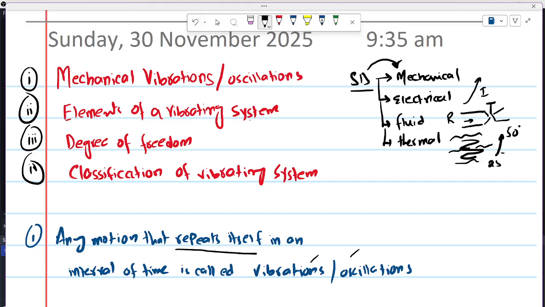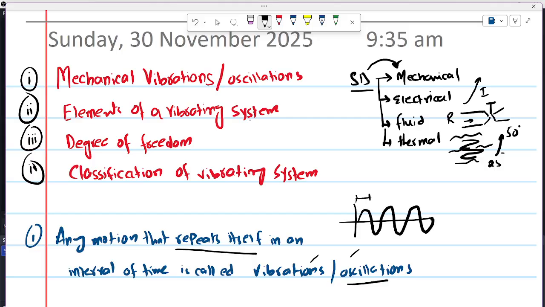Oscillations are fixed motion of a body about a mean position, while vibrations can be uniform oscillations, or they can be random vibrations. So what does it mean? If the system is moving equally about a mean position in an equal interval of time, we call it oscillations.